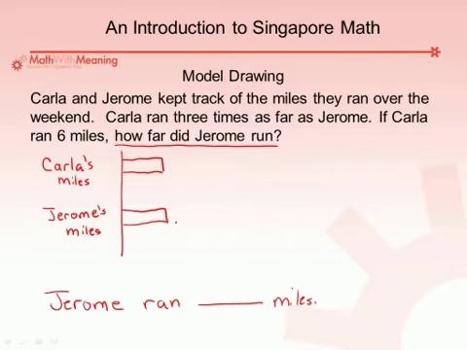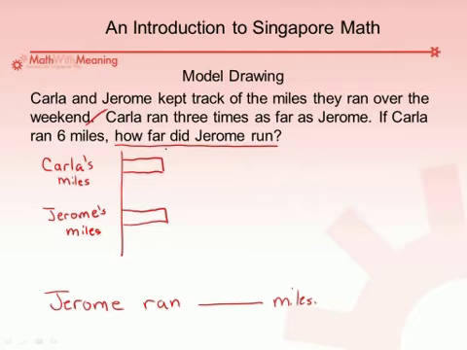And we do that by going back and rereading the problem and modeling it one sentence at a time, like this. Carla and Jerome kept track of the miles they ran over the weekend, period, stop. I read punctuation. I ask them, is there anything to add? No math to add. Carla ran 3 times as far as Jerome, period, stop. We need to now adjust our model.